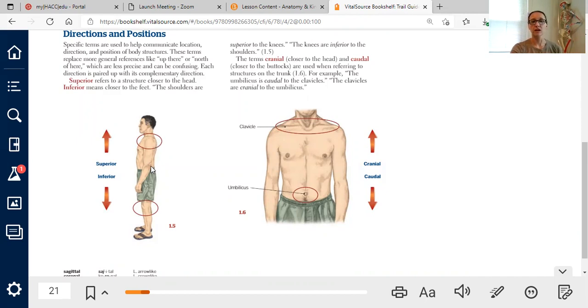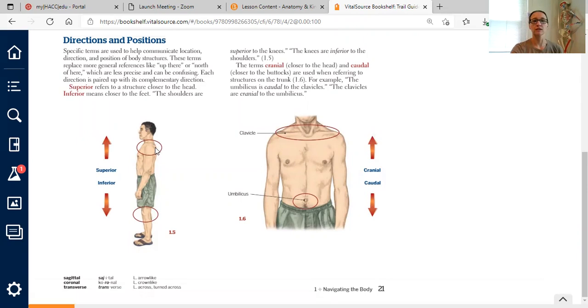But if I'm talking about the elbow, let's say, or the cubital region, it is inferior to the shoulder. The shoulder is superior to the cubital region or the elbow, okay? So you have to reference a specific body part when you are using these terms. You just have to have a point of reference. Otherwise, they don't make any sense. All right, so superior, closer to the top of the body, inferior, closer to the feet.